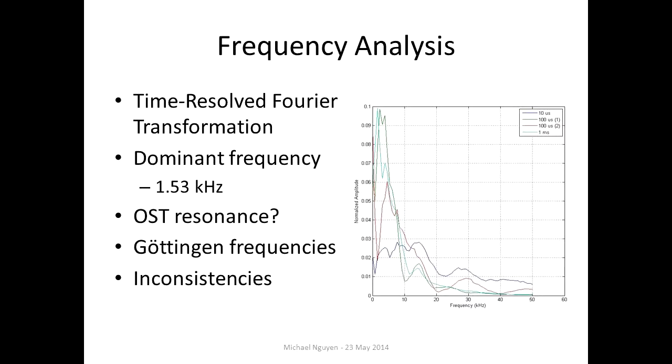In comparison with the frequencies found by Connor Daly and the Göttingen researchers, our frequency was different from theirs, and Connor's and the other research group's were also different from each other. Because of these inconsistencies, it seems like the frequency response is characteristic of only our specific vibrational eigenmodes.